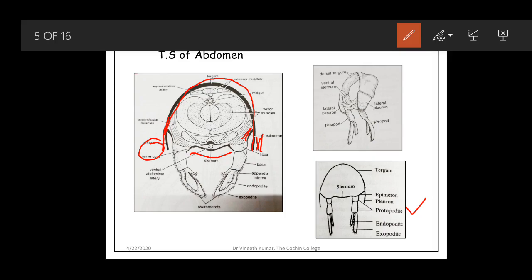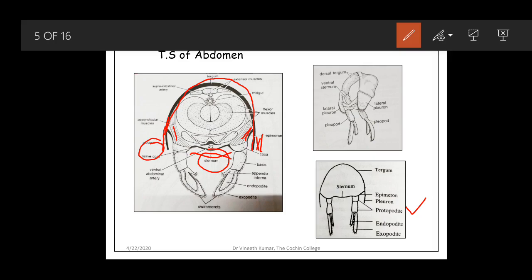So between the tergum and the pleuron you can see the epimeron, and the ventral exoskeleton is called the sternum. The region seen between the appendages on the ventral side is the sternum.